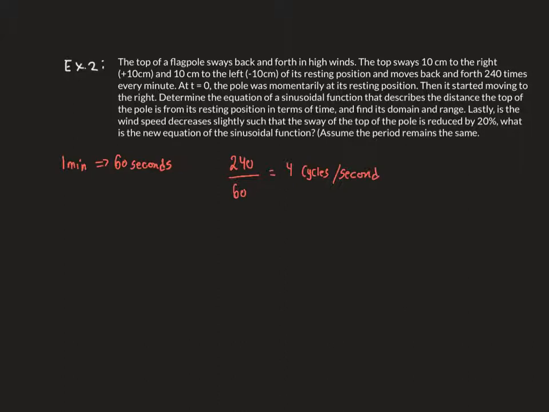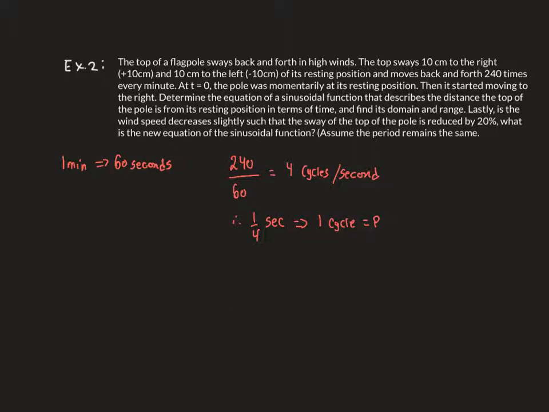So how much would 1 cycle be? Well, if it's taking you 4 cycles per second, then just divide it by 4, so 1/4 of a second will give me 1 cycle, which is also my P. So my P would be 1/4.